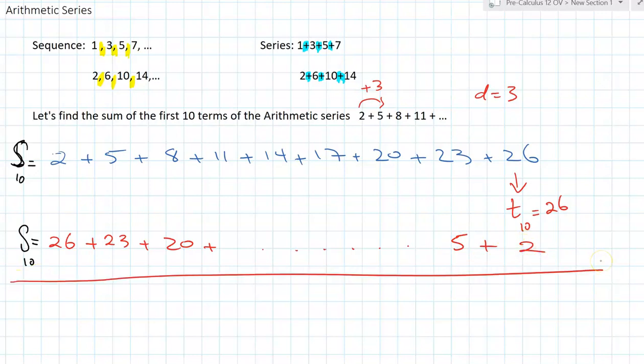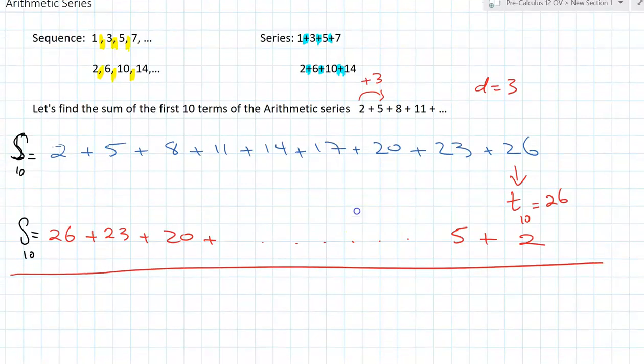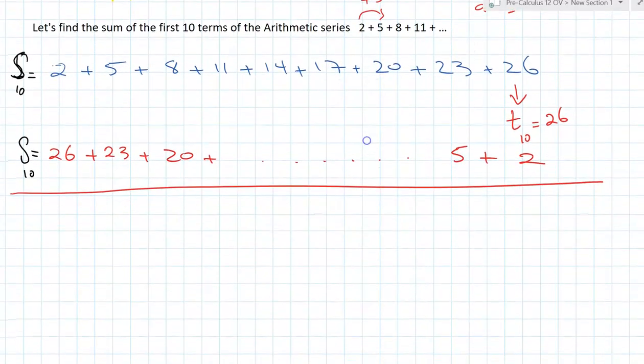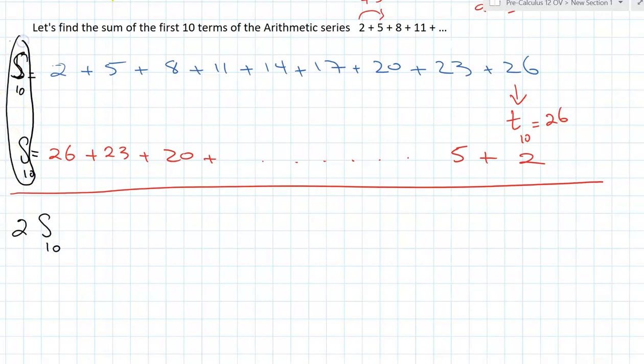We now add the S's. So if I add, let's say we have S10 and S10, we have two S10 on this side because we are adding these two equations together, so 2S10.